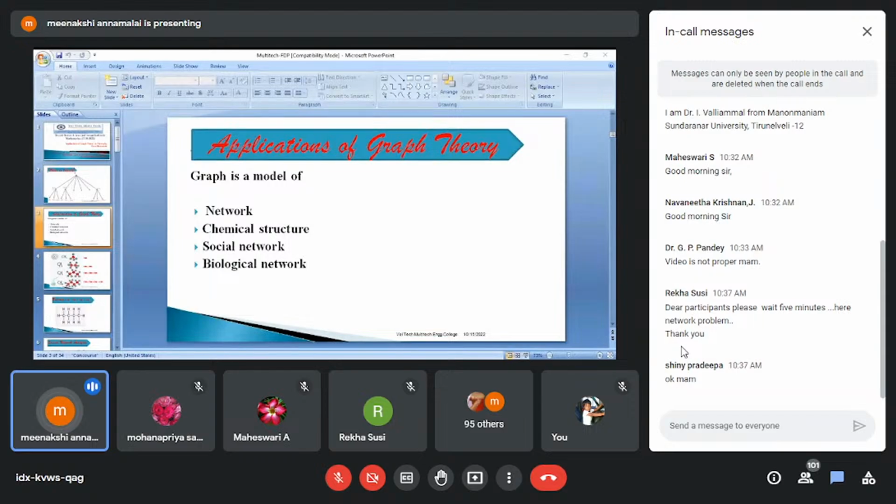That means there is a relation between the senior manager and the team leaders, and each team leader has some trainees. So this is the organization model I am representing. This is the graph. A graph consists of a non-empty set of vertices and edges.